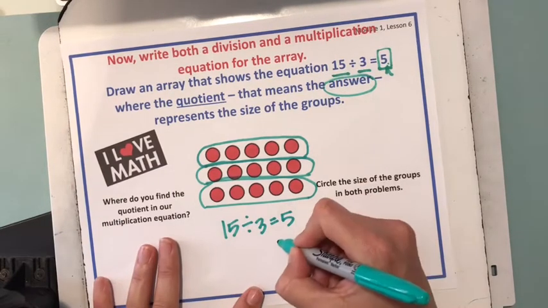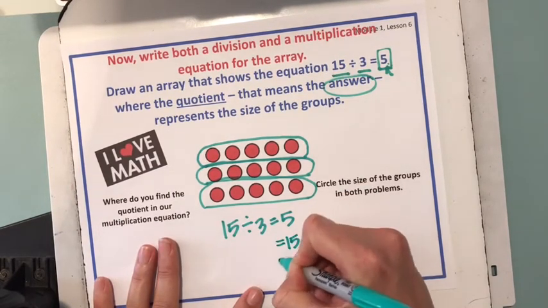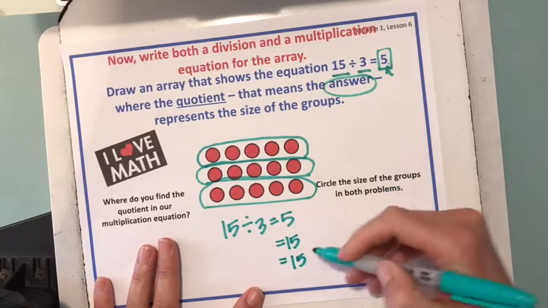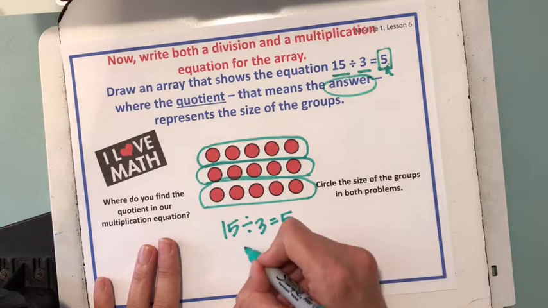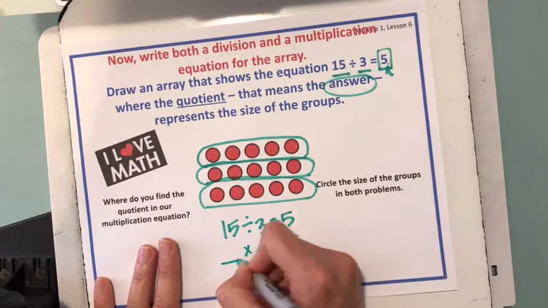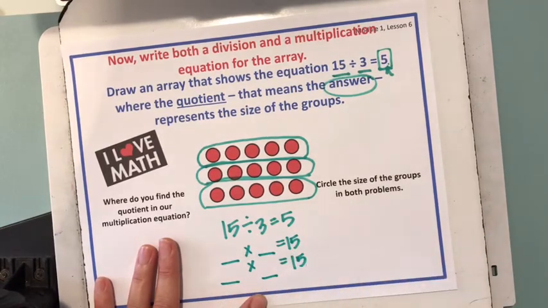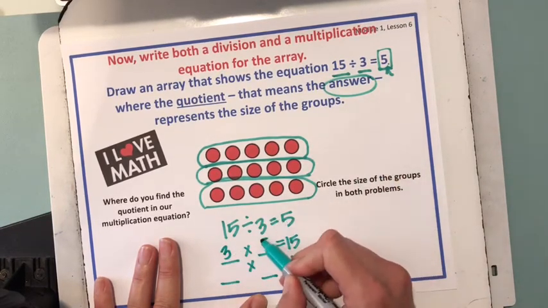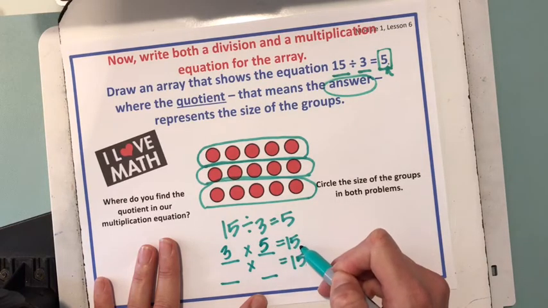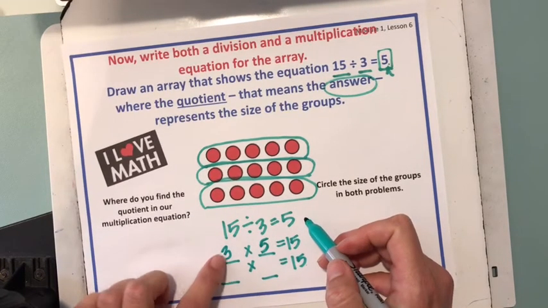So we know in multiplication, the product is the total. So I'm going to go ahead and put 15 there. I can write our multiplication sentence two different ways, right? I could do 3 times 5 equals 15, right? Where 3, what does 3 represent?